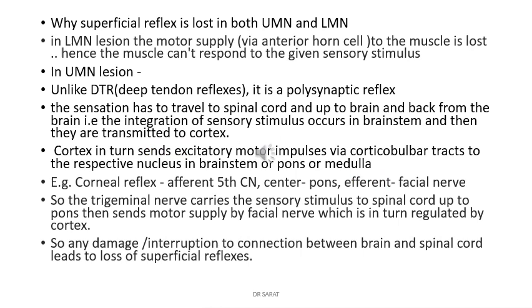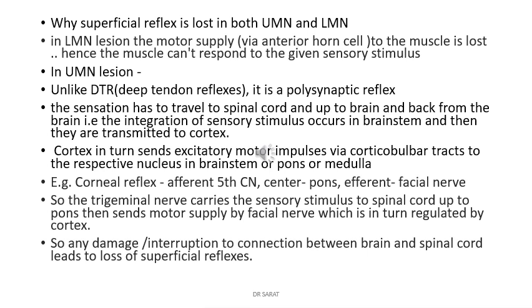Now I'll just explain why a superficial reflex is lost in both upper motor neuron and lower motor neuron lesions. In a lower motor neuron lesion, the motor supply to the muscle is via the anterior horn cell, as you have seen in the pathway. The motor supply is lost here, since there is a lesion in the spinal nerve or peripheral nerve, and hence the muscle can't respond to the given sensory stimulus.